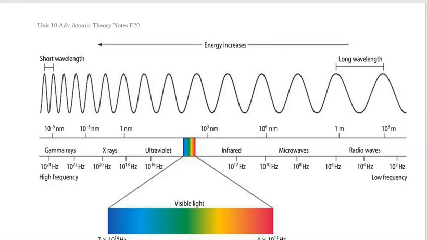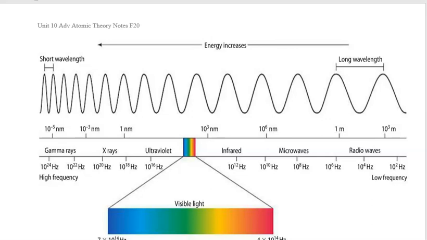So what you'll notice about visible light, we said over on the right side is the lowest energy. See up at the very top it says energy increases as you go from right to left. So radio waves are the least energetic, gamma rays are the most energetic. So if you go down to that light spectrum down at the very bottom, you'll see that red over on the right is the least energetic, has the least energy of any light wave.